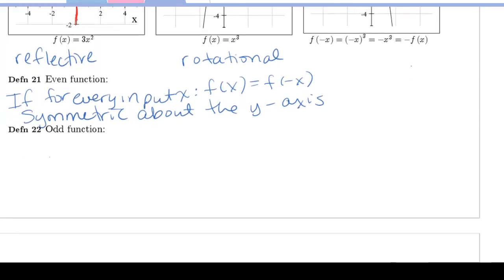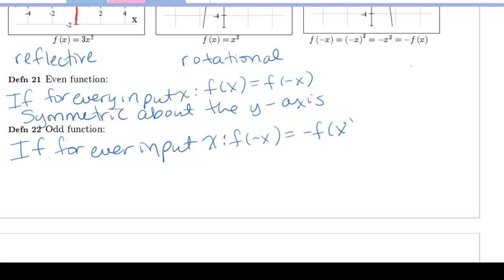So then if we want to talk about odd functions, these are going to be the rotationally symmetric ones if for every input x, there's two different ways you can write this, f of negative x equals negative f of x, meaning that if you plug in a value, say 1, and then get that number and then make it the opposite sign, you're going to get the same thing as if you plugged in negative 1 to the function.